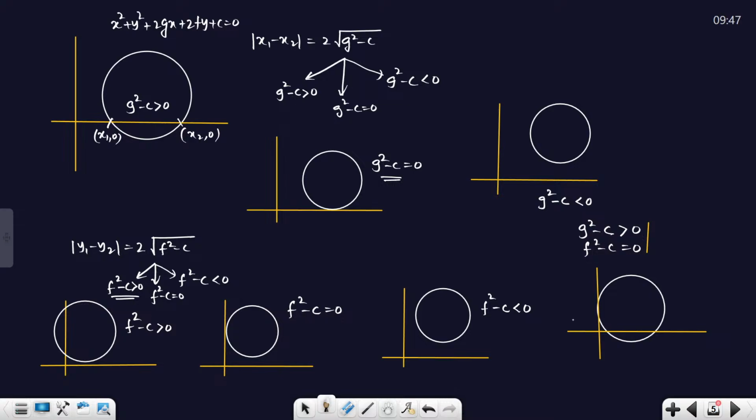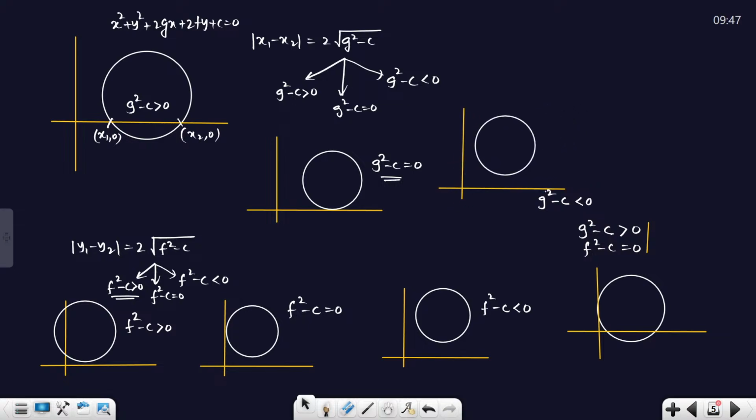That's it. Now I can take another condition also. Let me just move this a little bit so that we can get space to draw. Okay. So let me just draw in this way.